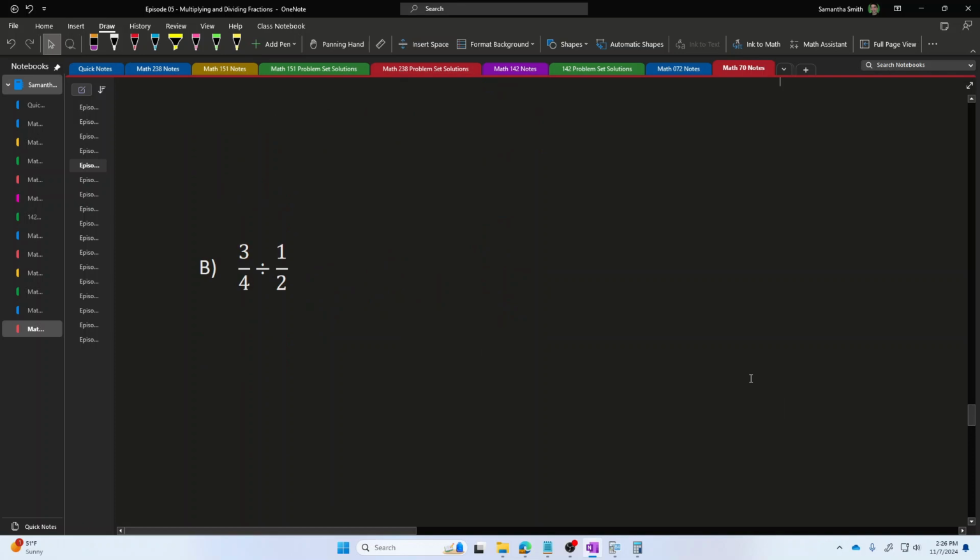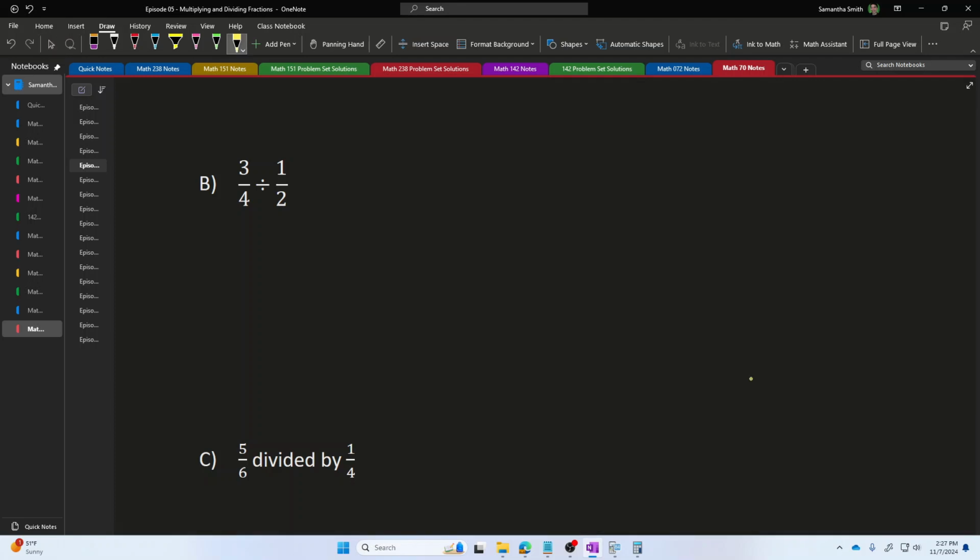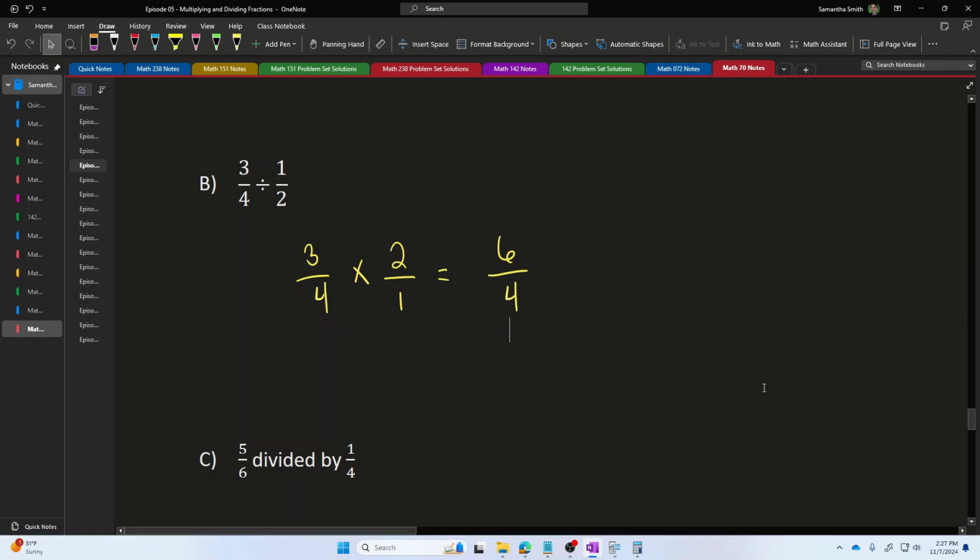Someone says, what is 3/4 divided by 1/2? 3/4, keep, change the operation, flip the second fraction upside down. Then 3 times 2 is 6. 4 times 1 is 4. And I get 6/4.